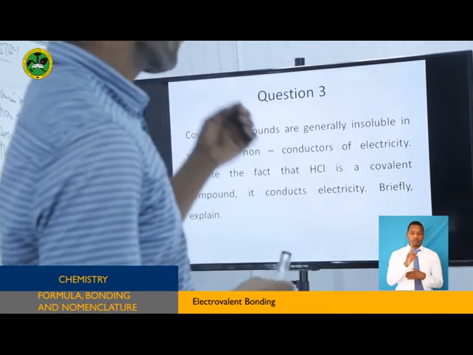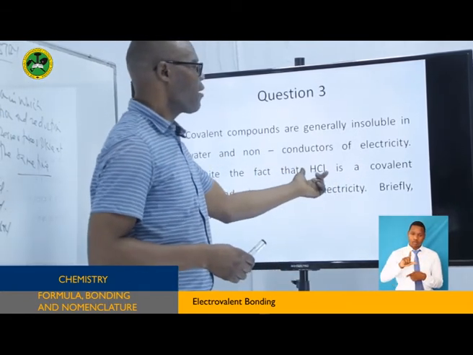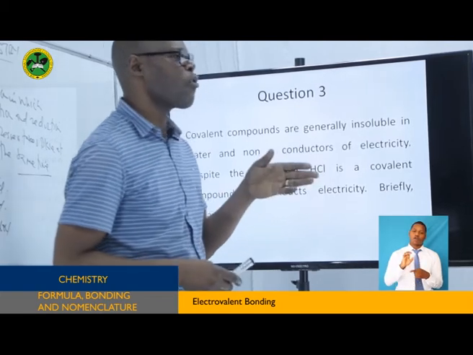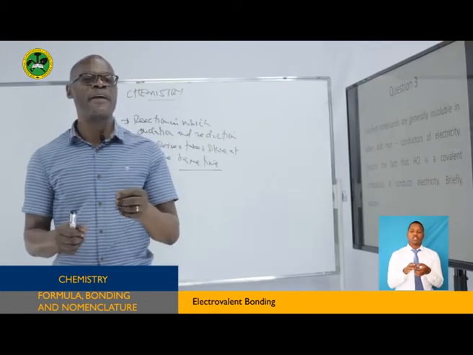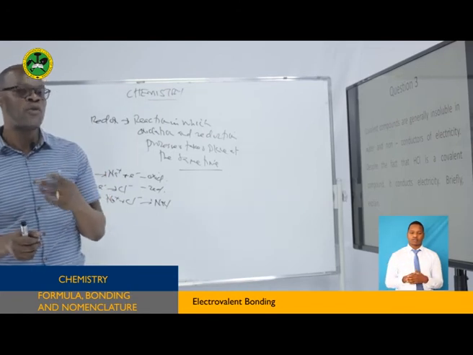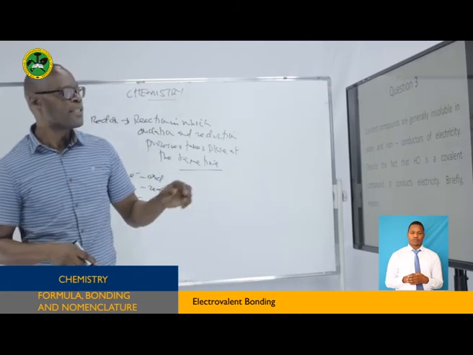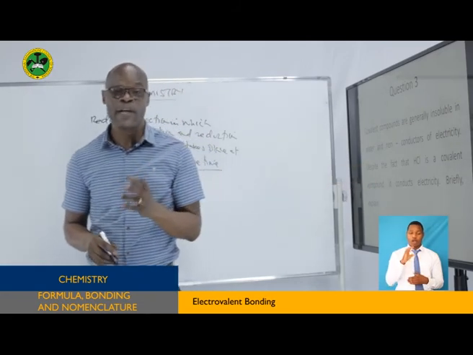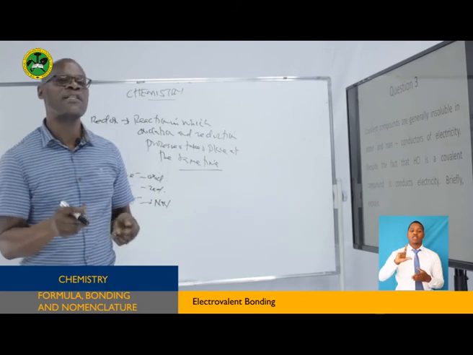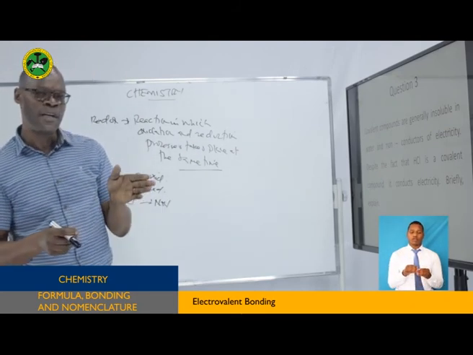Remember, we discussed HCl, and we said HCl is covalent because of sharing of electrons. At the same time, we said HCl can form an ionic compound due to partial charges on hydrogen and chlorine. Why? Because chlorine is highly electronegative, so it is capable of withdrawing electrons from the outermost shell of hydrogen.